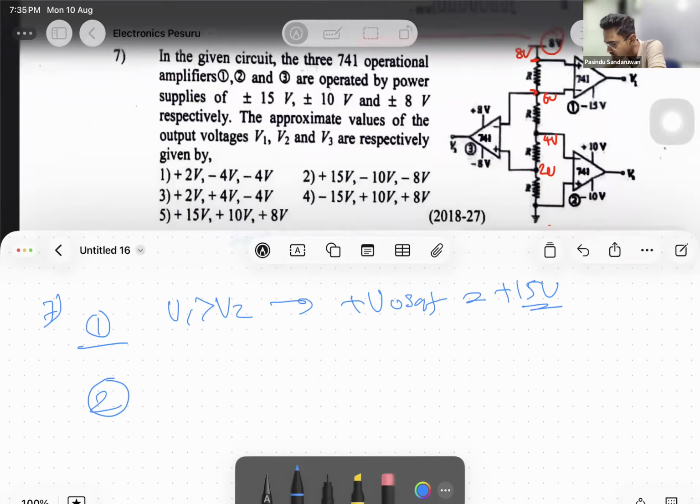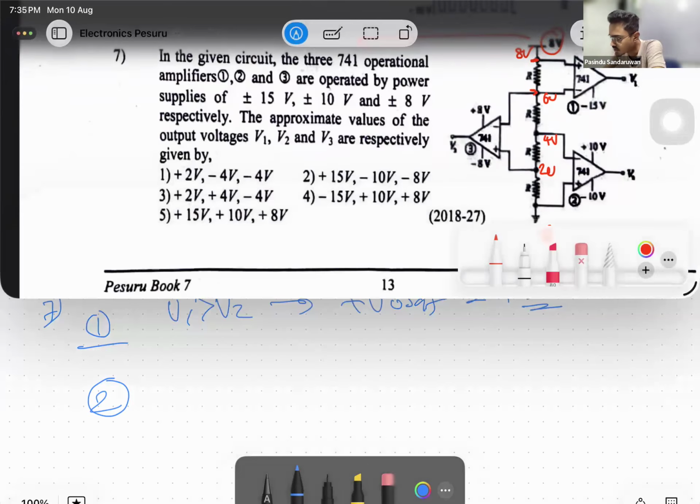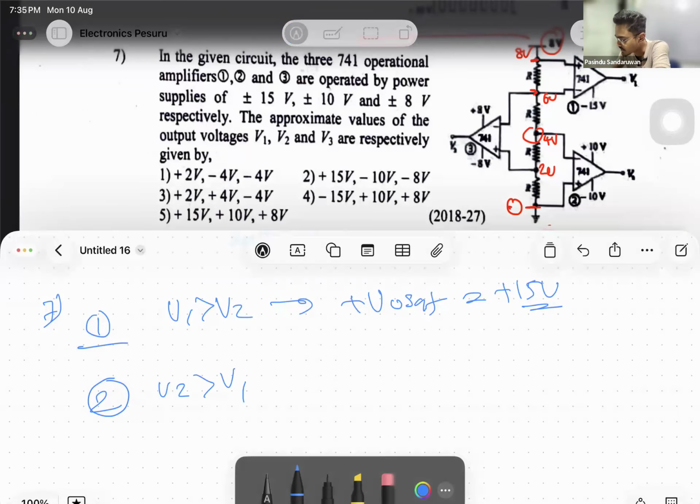For the second one, V1 is at 0 and V2 is at 4. In that case, V2 is greater than V1, which means that is negatively saturated, minus V out set, then minus 10.